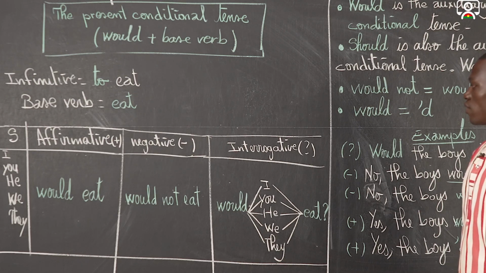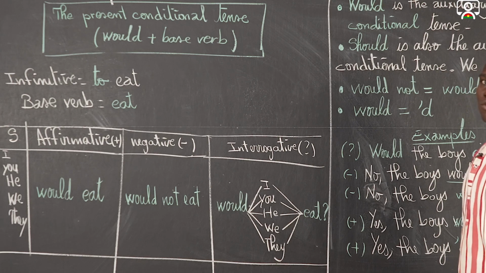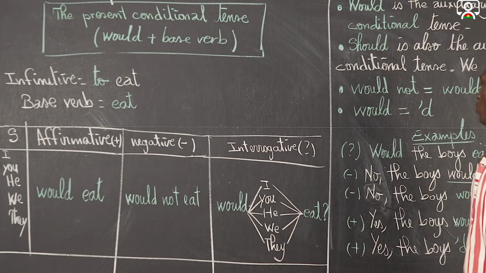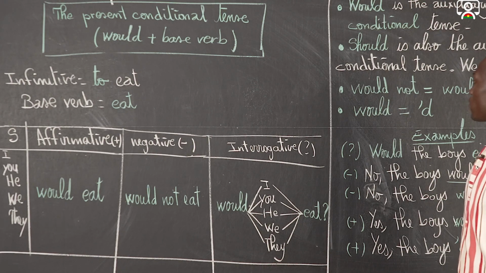Negative: I would not eat, you would not eat, he would not eat, we would not eat, they would not eat. Interrogative: would I eat, would you eat, would he eat, would we eat, would they eat?